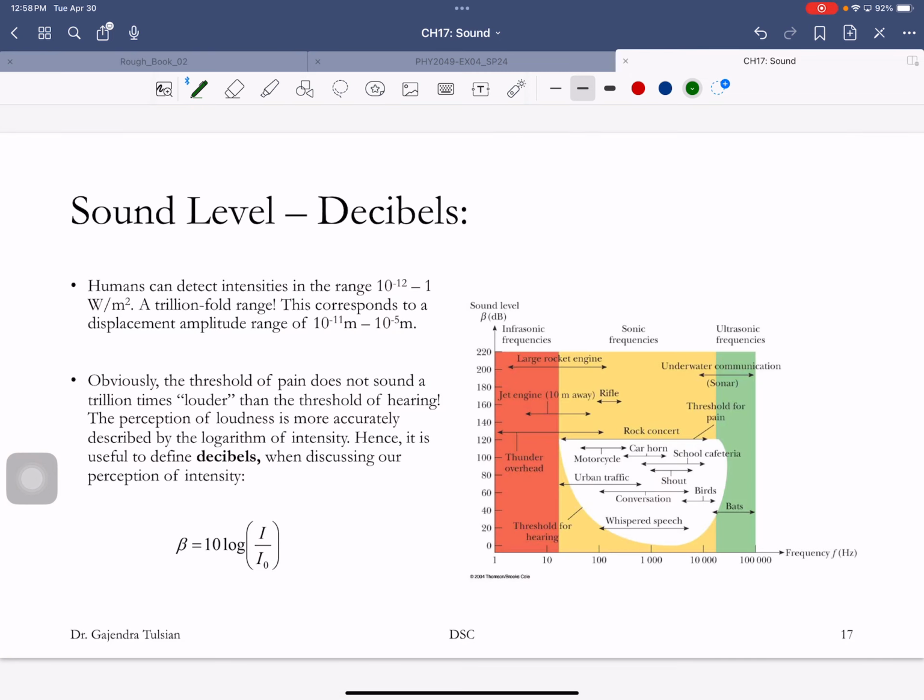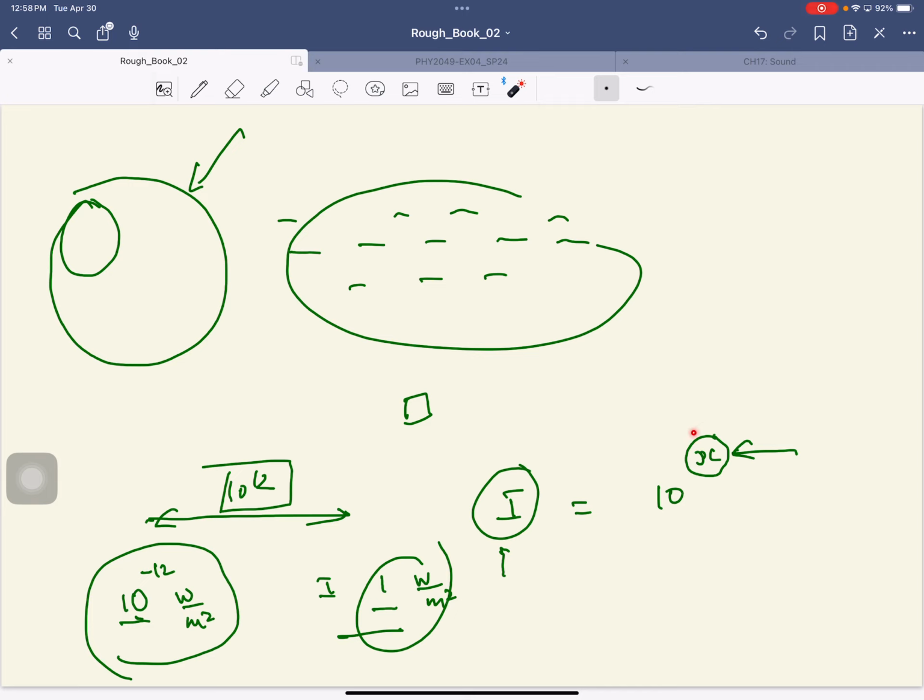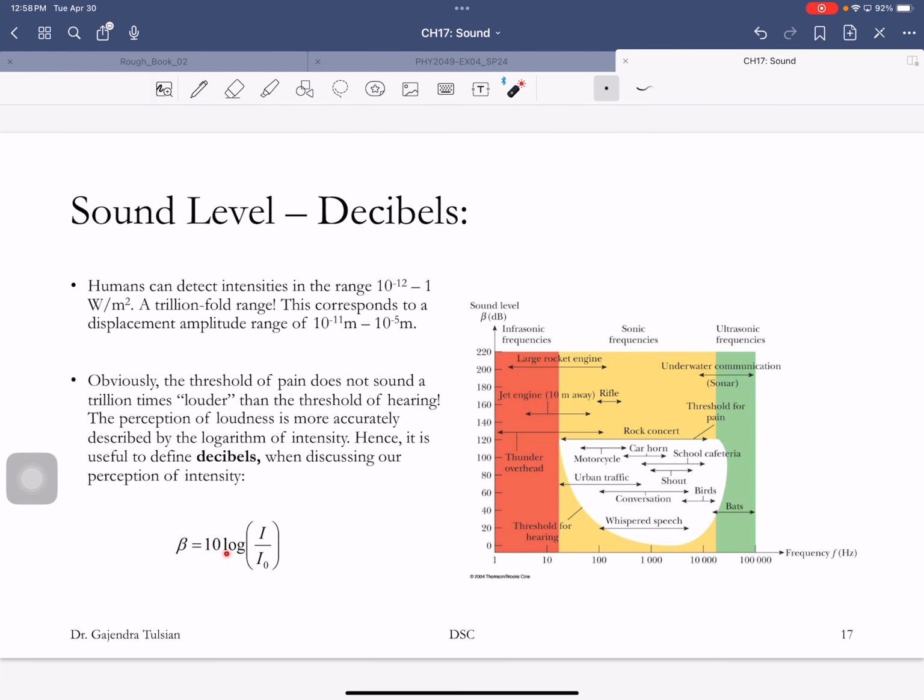Since your sense of loudness depends on the exponent, we define the decibel scale. The decibel scale is the logarithm of the intensity. Beta is 10 log of intensity divided by I naught. I naught is the threshold of hearing, the softest sound you can hear.